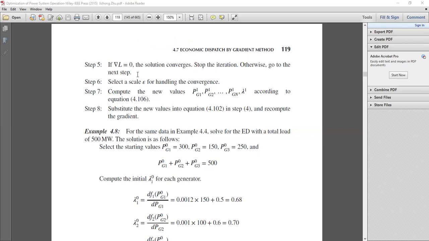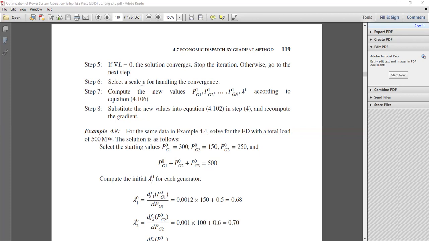Otherwise, we go to the next step, and then we select this scale epsilon for handling the convergence of our algorithm, and this value has to be chosen by the coder, or the solver. So if you are solving the problem, then you have to decide this epsilon, the learning rate or the convergence rate. So step 7, and we said in the last class that you have to choose it very intelligently.